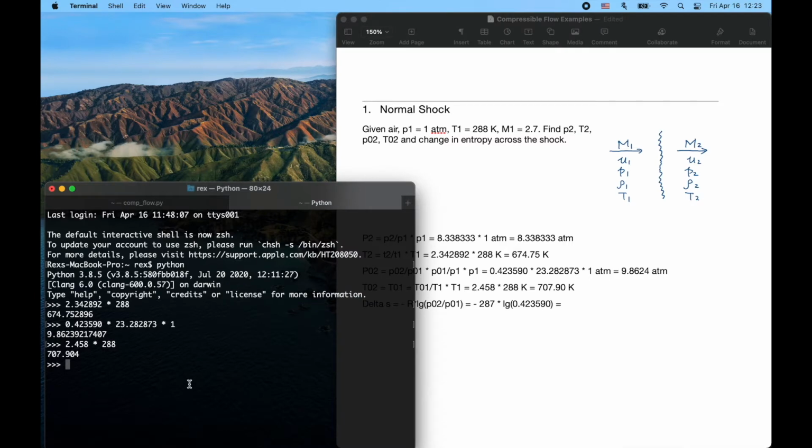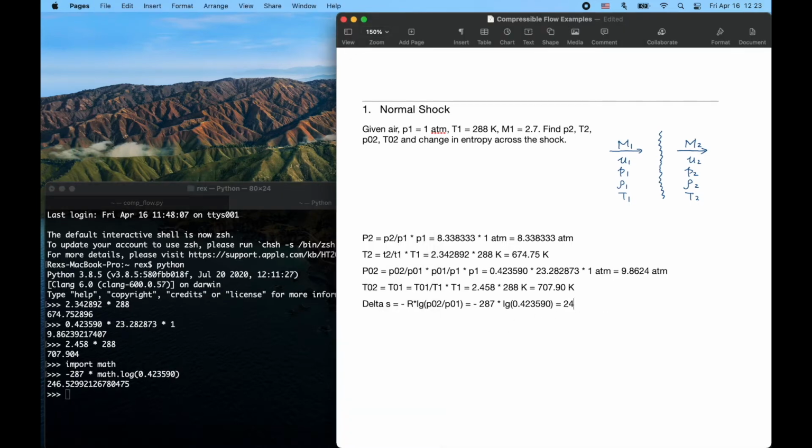In Python, import math, negative 287 times math.log of that. So, 246.53. The unit will be consistent with R, so this is joule per kilogram per K.